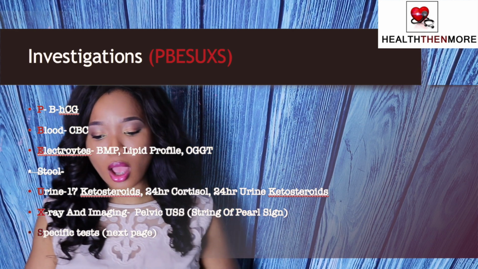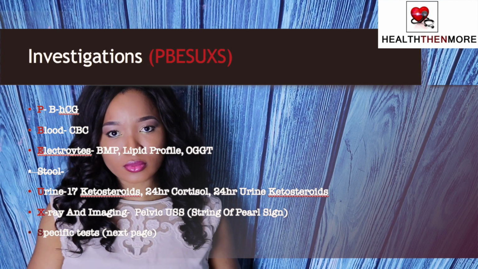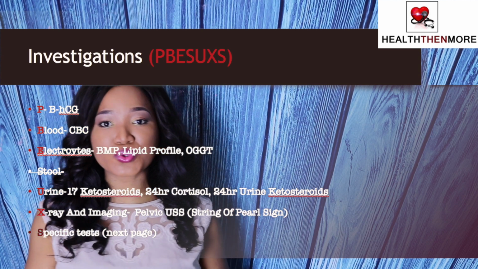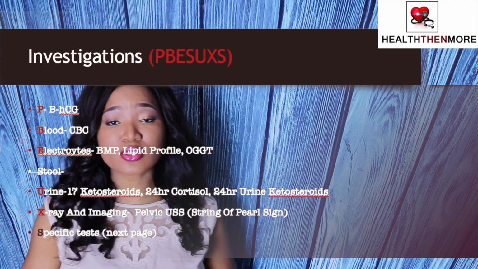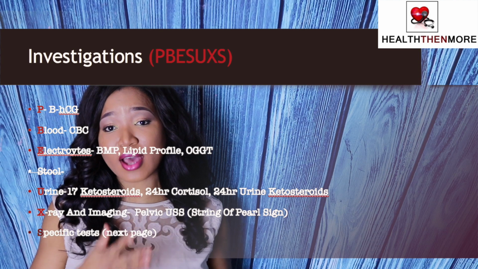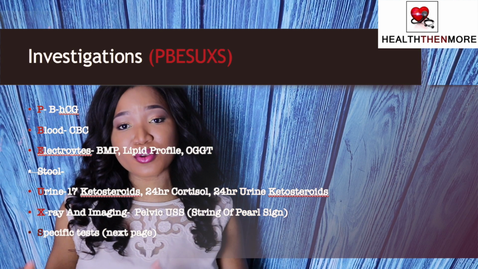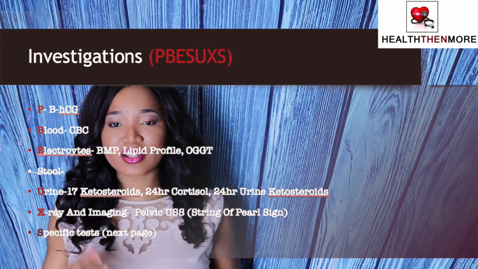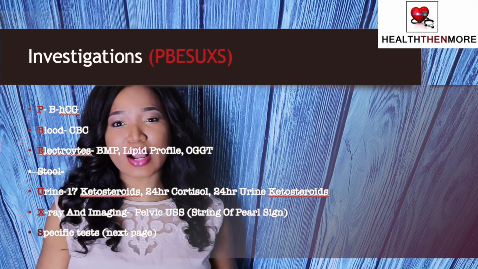For the S, which means specific tests, these are the tests we're going to do to confirm and to rule out our differentials, because PCOS affects the hypothalamic, pituitary and ovarian axis, the HPO axis. The test for confirming it is going to be centered around the pituitary.